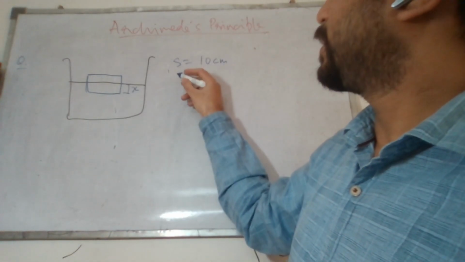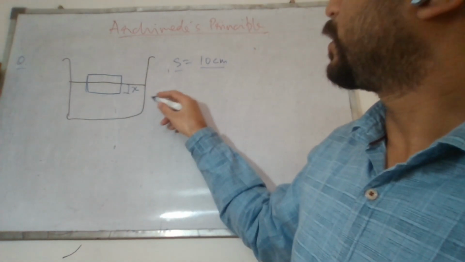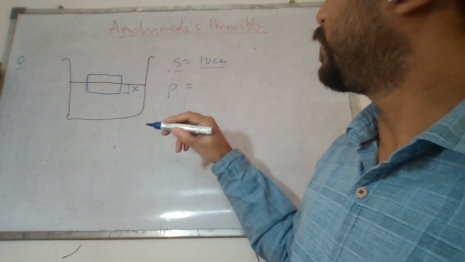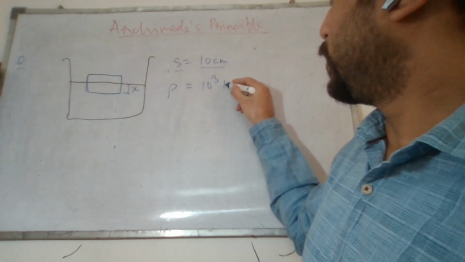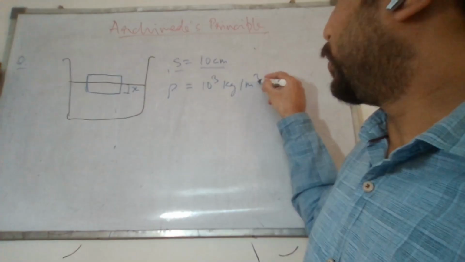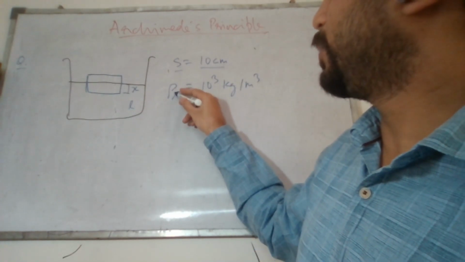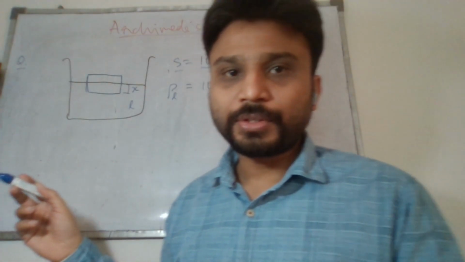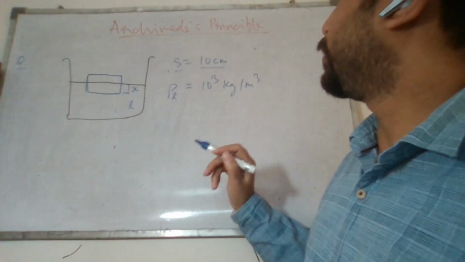So if we know that the side of the block is 10 centimeter, the density of the fluid is 10 to the power 3 kg per meter cube. This is the fluid, let's say, or some liquid L. So rho L is 10 to the power 3 kg per meter cube.